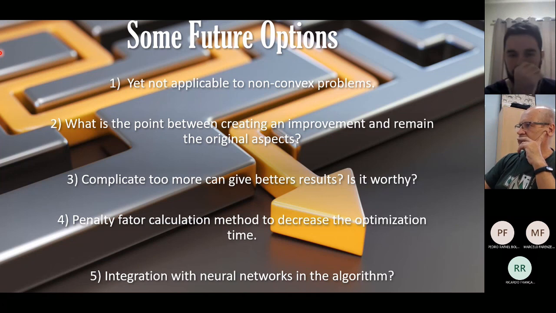It is important to create this method because then you do not need to vary it in nested loops, which is the great computational time problem for this methodology. And number 5 is the integration with neural networks in the algorithm. Is it worthy? How can you make it improve the method?